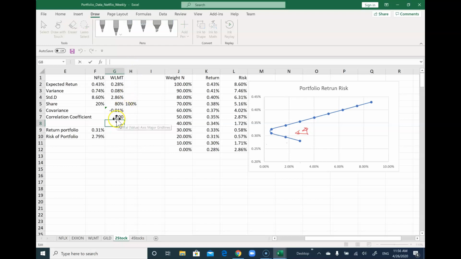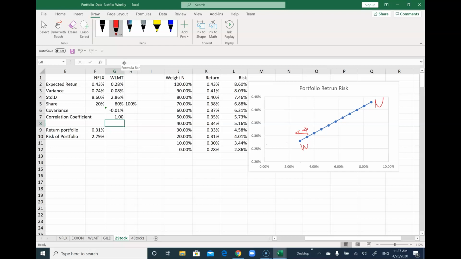And the opposite case is the case when the two assets have a positive and perfect correlation. So the correlation coefficient is positive 1. And then you can see that the risk and return profile of your portfolio becomes a straight line that connects the Walmart and the Netflix.